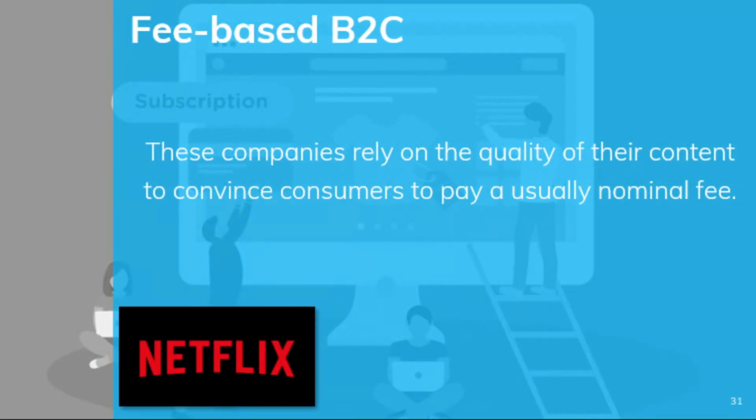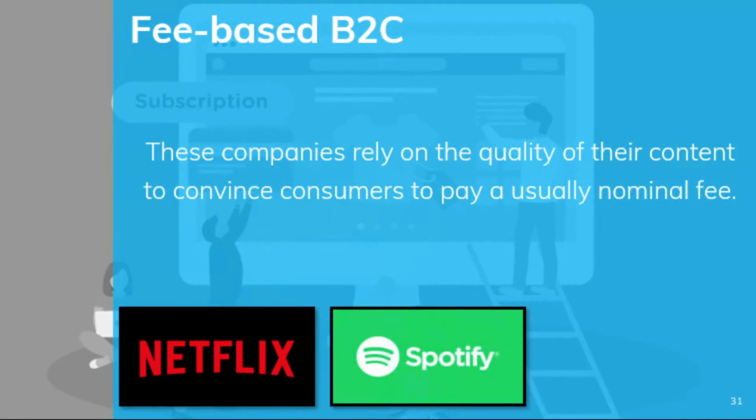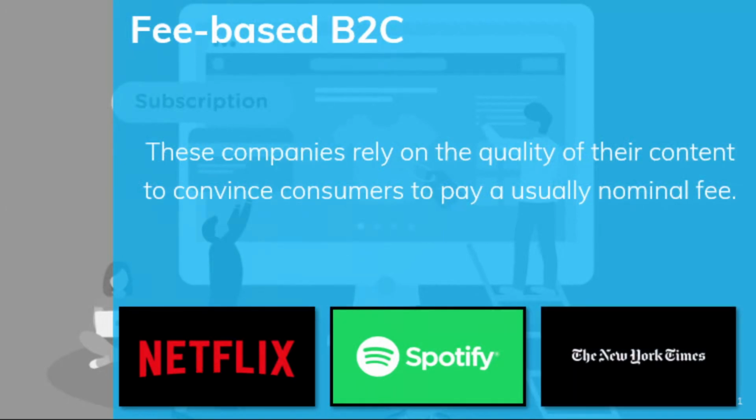Examples are Netflix. Okay, so it's a pay subscription video site. We have Spotify, a subscription site for music. And we have the New York Times, a subscription type for online newspapers.